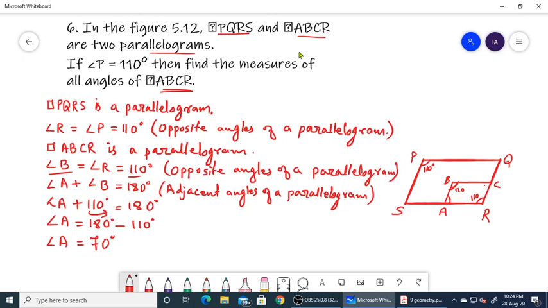So now angle A is 70, angle B is 110, angle R is 110. We need angle C. Here we can say angle A is the same as angle C, each will be 70 degrees. Again the same reason, opposite angles of a parallelogram.